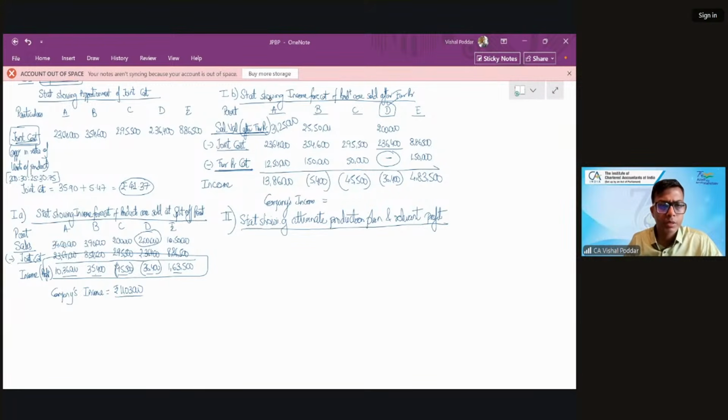Six lakhs and 30 lakhs. Here I'm not getting the same sales value, Minu, what you have given.